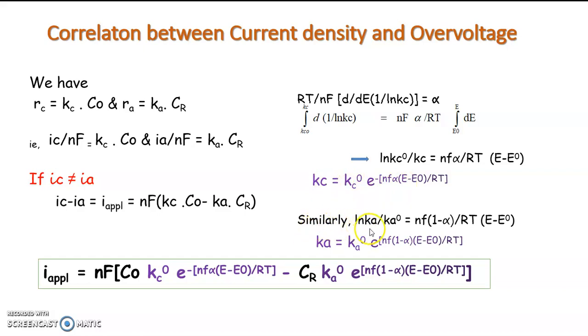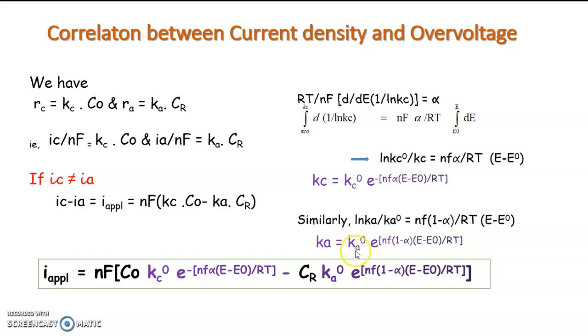Similarly, we can have anodic polarization, and we will get alpha, the oxidative symmetry factor as 1 minus alpha. Since we are doing total polarization, we are equally dividing it into cathodic and anodic parts.